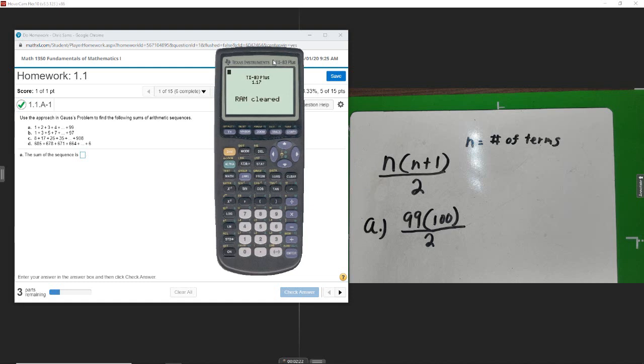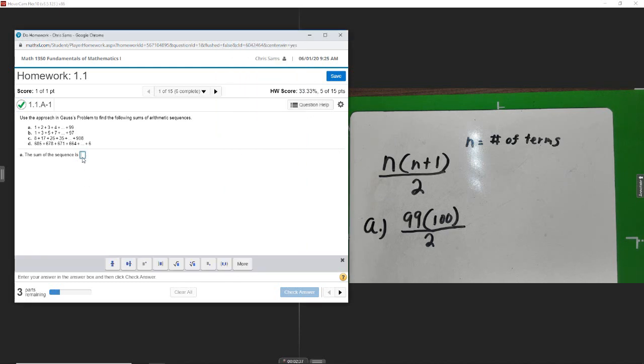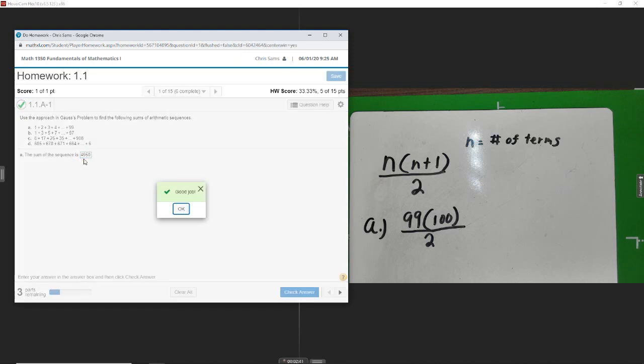These are some big numbers we'll be working with. So on screen I'm going to do 99 times 100, and then I'm going to divide by 2, and that gives me 4950. So in this blank I'm going to insert 4950. Okay, and I got my first part.